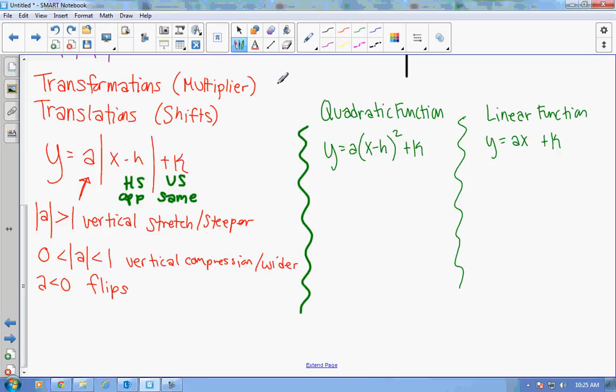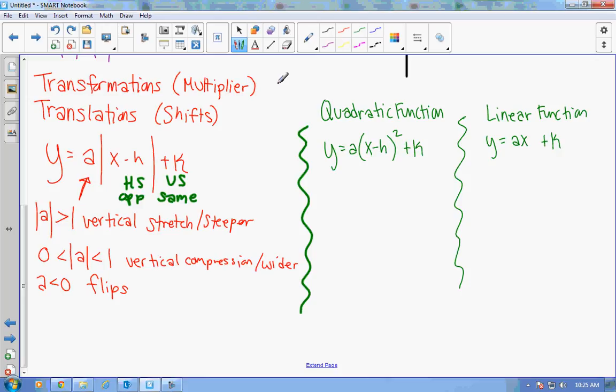Doesn't that just really all become a vertical shift? That horizontal shift has the same effect as a vertical shift. So with the linear function, I'm only going to put a plus k, because the horizontal shift will actually also shift it vertically.